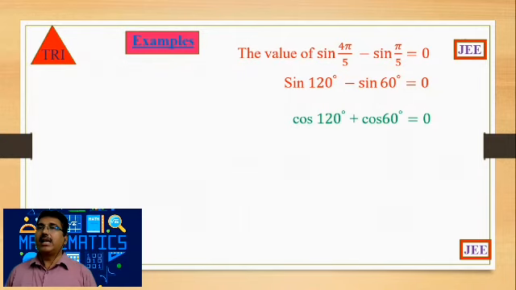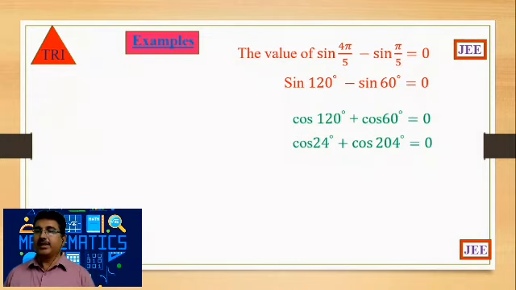Now, what is the value of cos 24 degrees plus cos 204 degrees? Cos 204 degrees is equal to cos 180 plus 24 degrees, so it is minus cos 24 degrees.